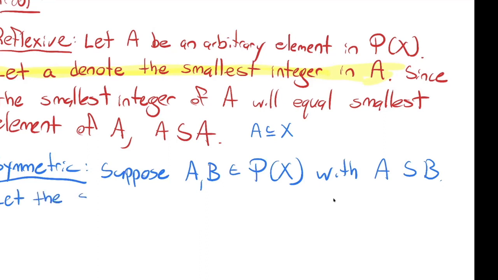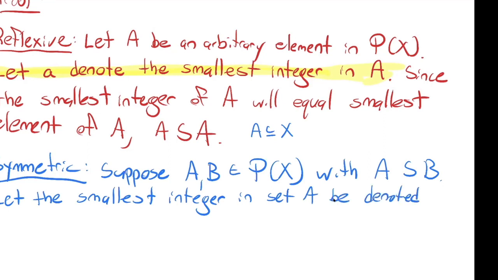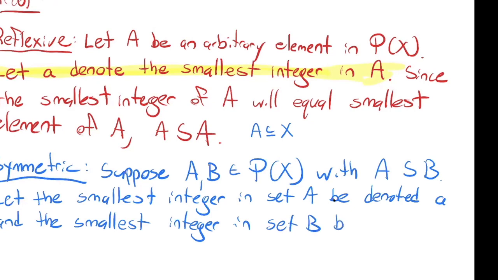So now it might be nice to just say, well, let the smallest integer in set A be denoted with a lowercase a, and then let the smallest integer in set B be denoted with a lowercase b.